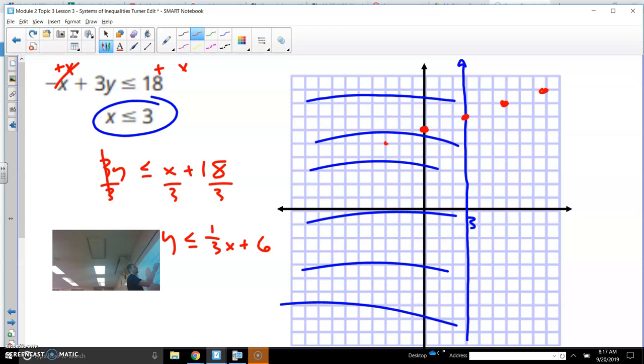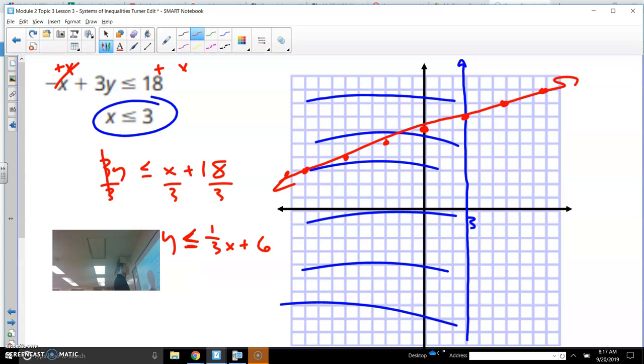And then I'm going to ask myself, should this be a solid or dashed line? And because this one is also or equal, I will say all the points on the line are in the solution as well. So I want to make it solid. And the last thing is to notice that this is a less than symbol, meaning I should shade down below this line.